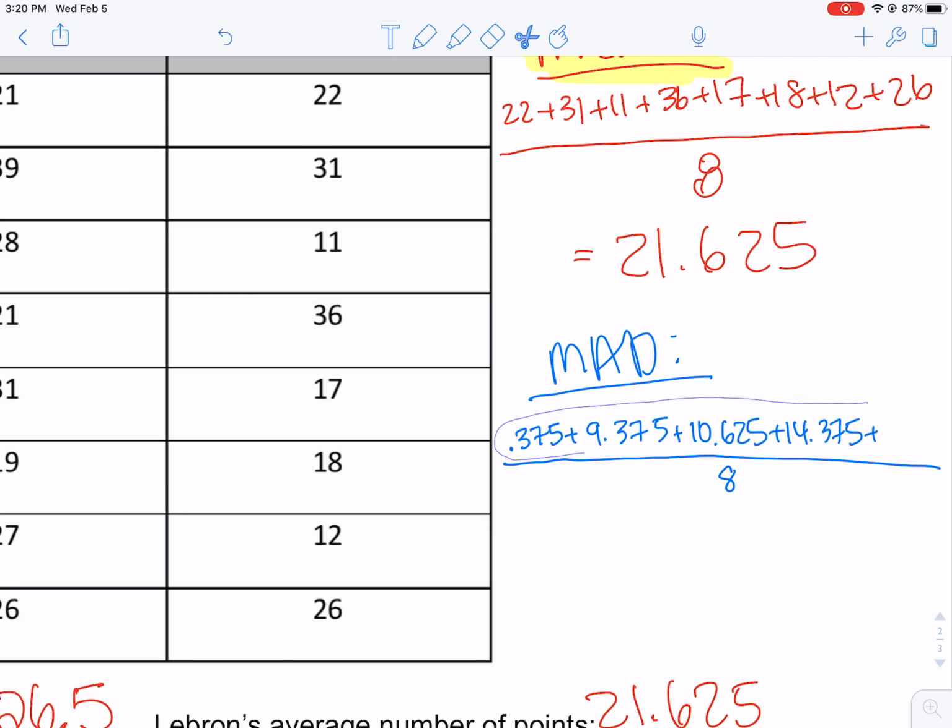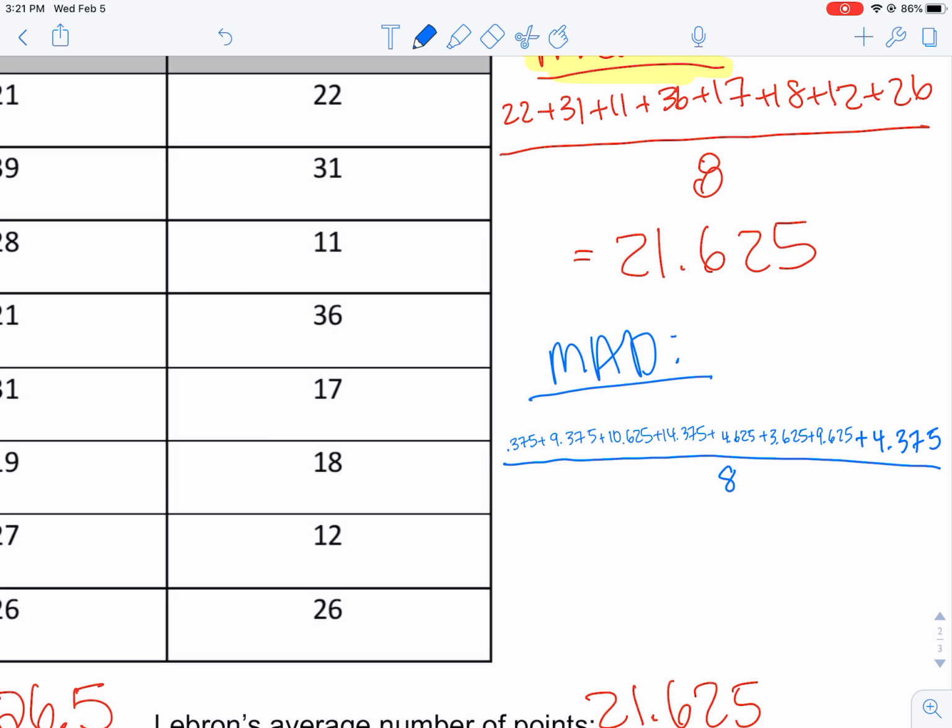Already losing room, so I'm going to make this smaller. 4.625 plus 3.625 plus 9.625. Then let's make it smaller again. And then finally, 4.375.